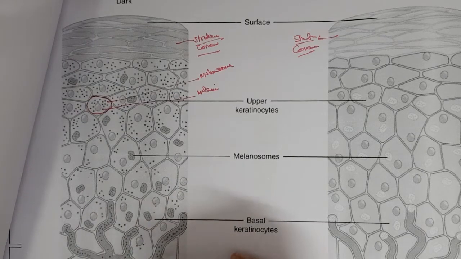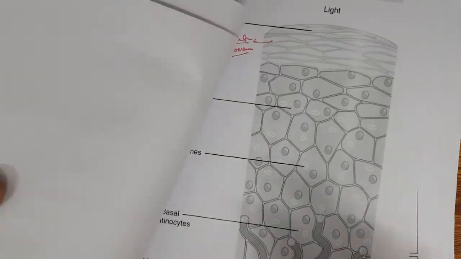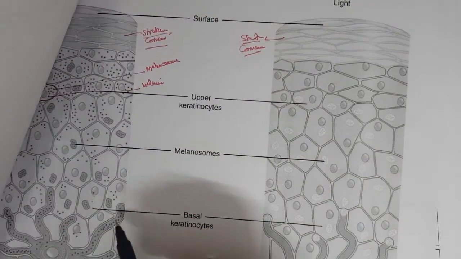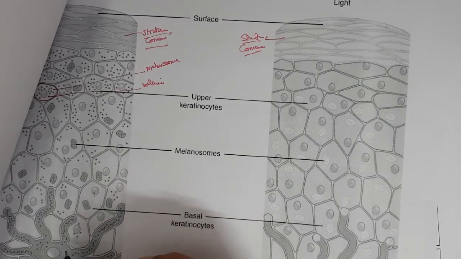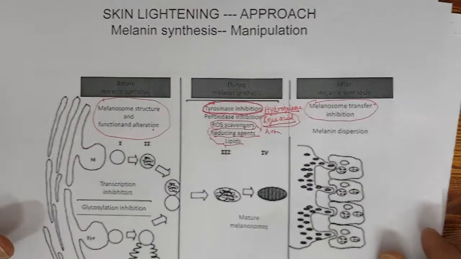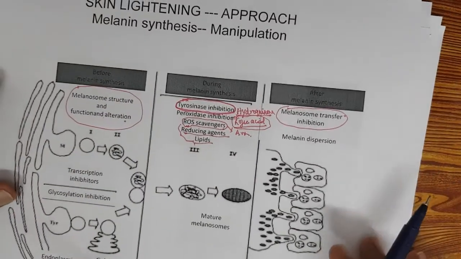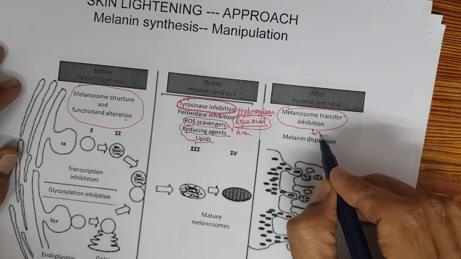So that when this transfer is not happening, the skin doesn't become tanned and doesn't become dark, right? So, vitamin B3, okay?